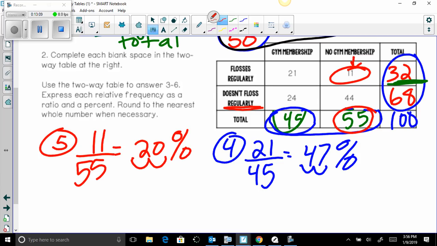Number 6 asks, does there seem to be a relationship between people who own a gym membership and people who floss regularly? Well, let's look here.